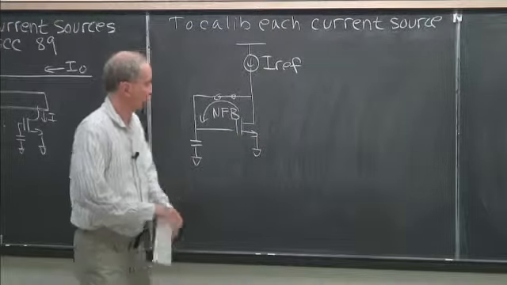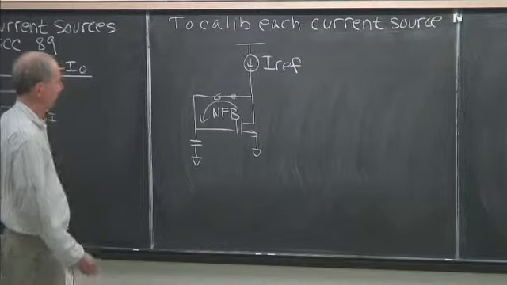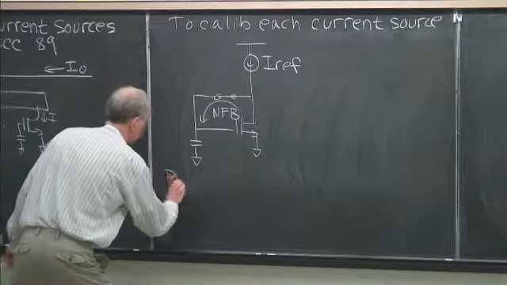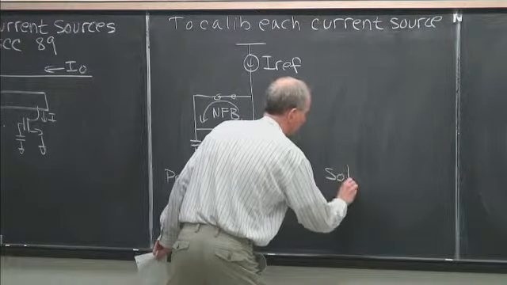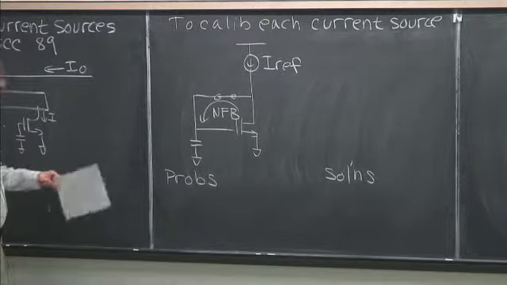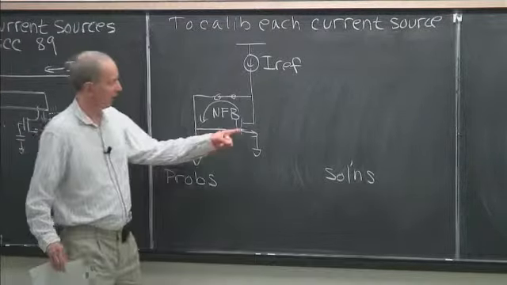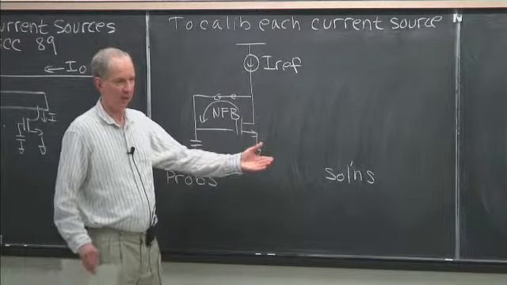Okay? So let's talk about some problems with this situation, and then solutions to those problems. All right, the first problem here is that when you're calibrating a given current source, you can't use it to contribute to the DAC output.